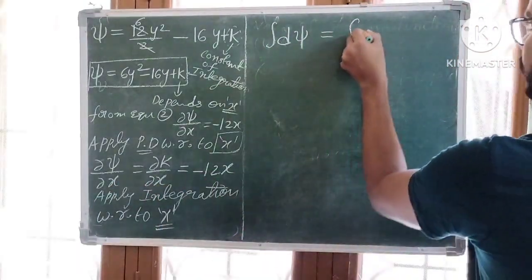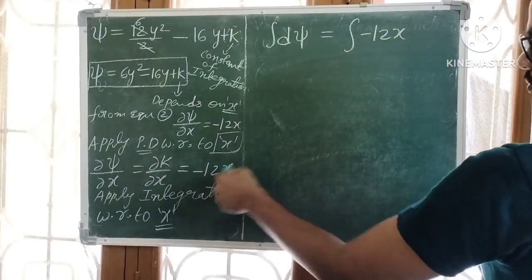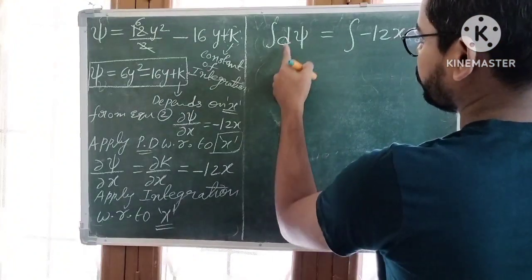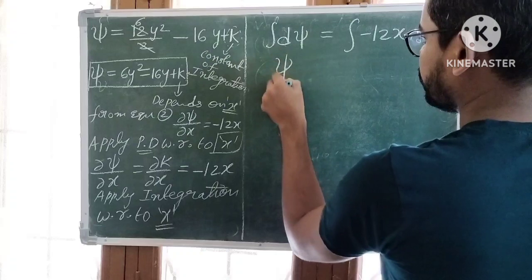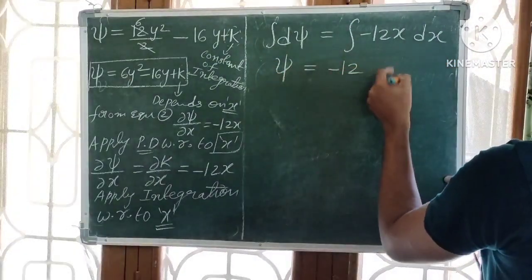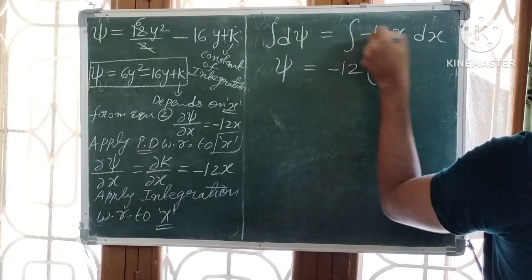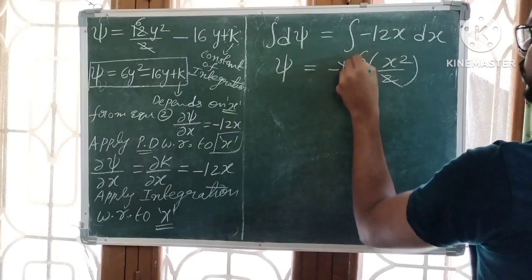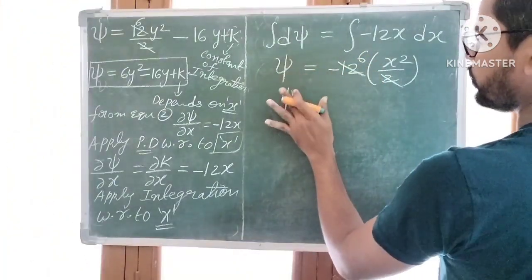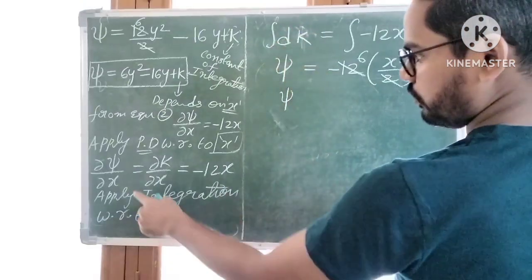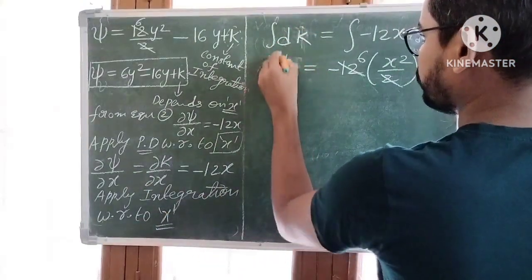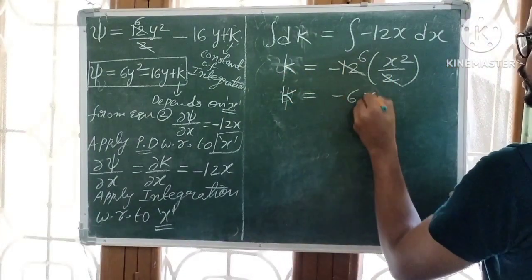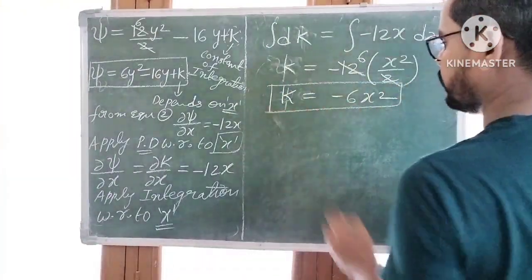Similarly, the integral of minus 12x dx, integration with respect to x. Integral d psi, minus 12 is constant, and the integration of x with respect to x is x square by 2. Here we have dou k, so dk. This is also k, we are finding the k value. Now k is equal to minus 6x square. The value of k is minus 6x square.